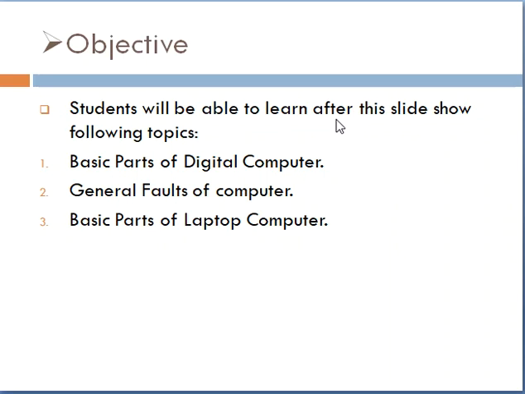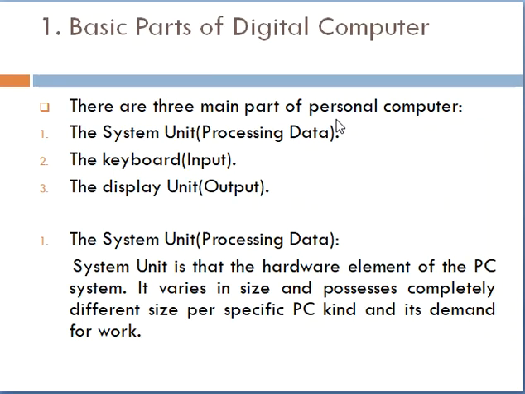So first we come to what are the basic parts of digital computer. Basically, the basic parts of digital computer contain three main topics. First one is the system unit, which is known as processing data.